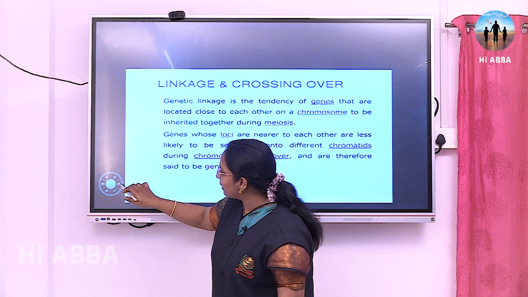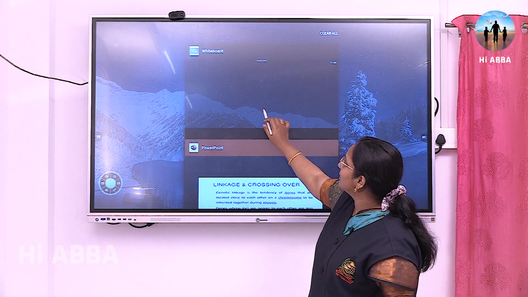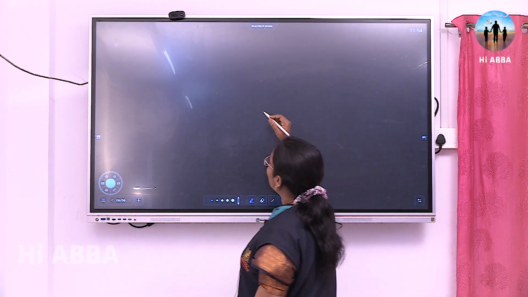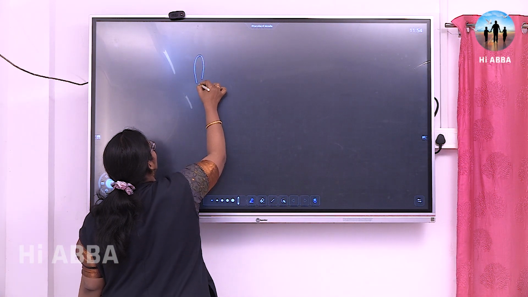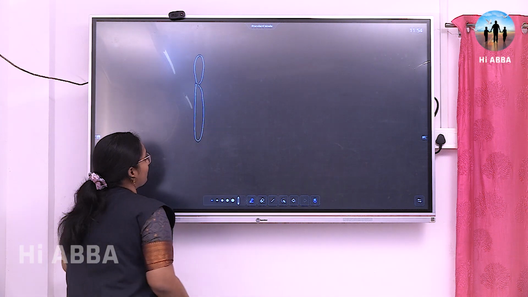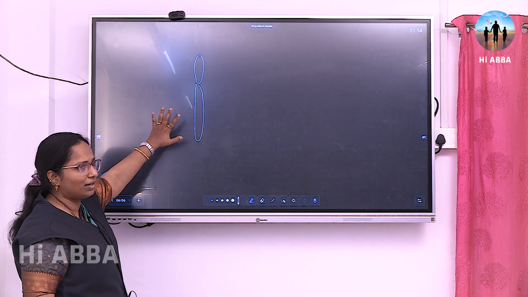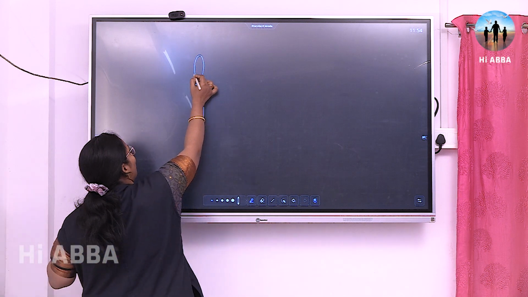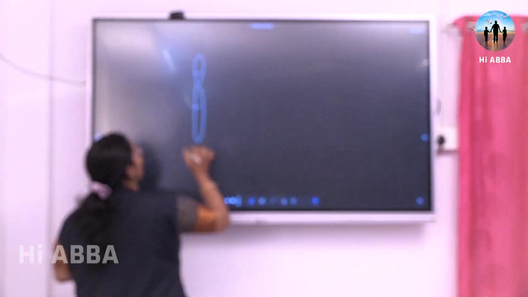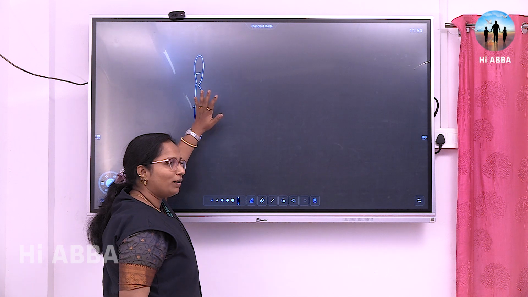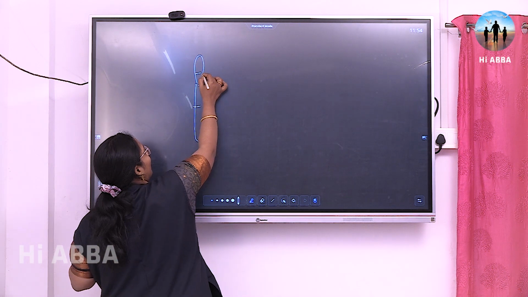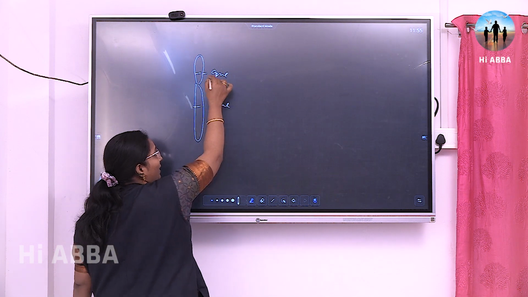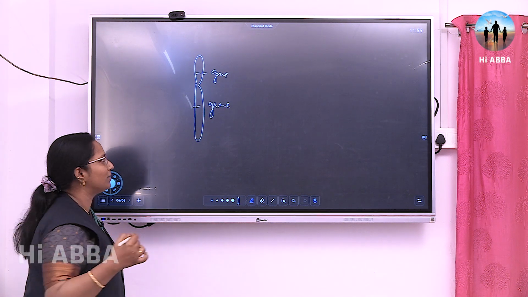I'll just go into a brief introduction here. When we are talking about chromosomes, for example, this is a normal structure, not a typical one, but generally when you're talking about locations, when the genes are located far away from each other, for example, this is a gene, this is also a gene, with a further amount of distance between them.